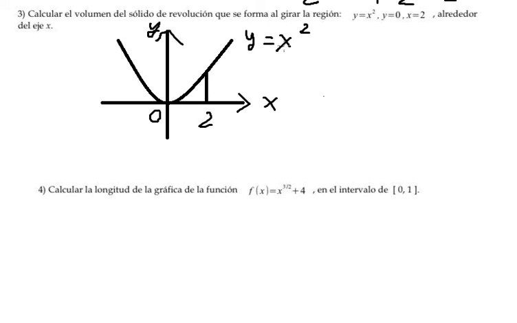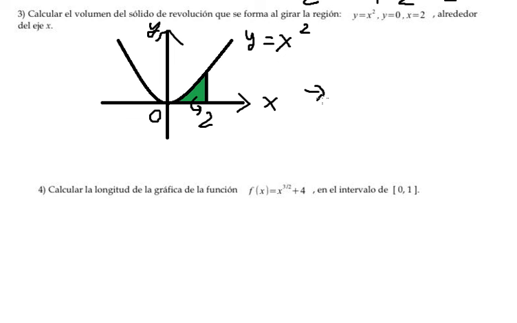We see that the area we need to concentrate on is this one, because they rotate about the s axis. So that should be like this. So we need to find the volume of this one.